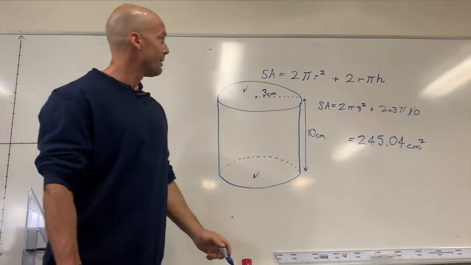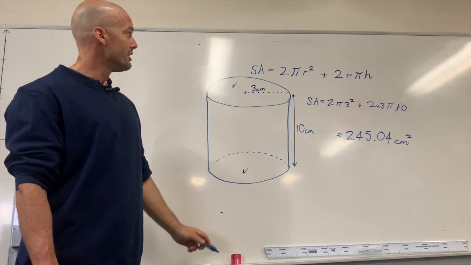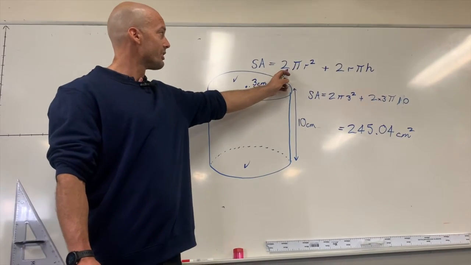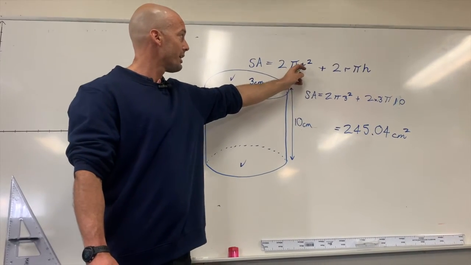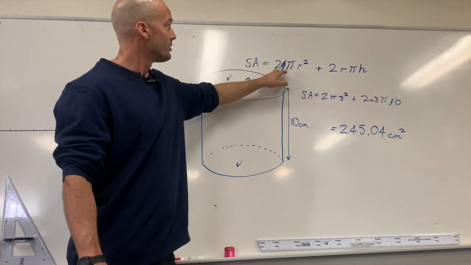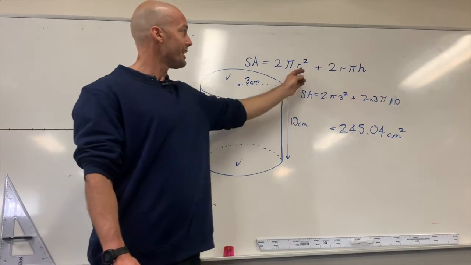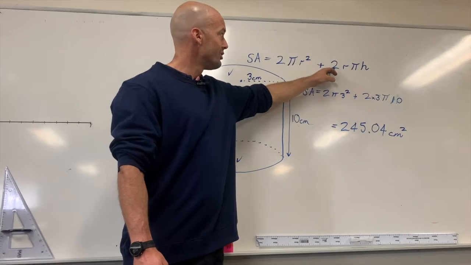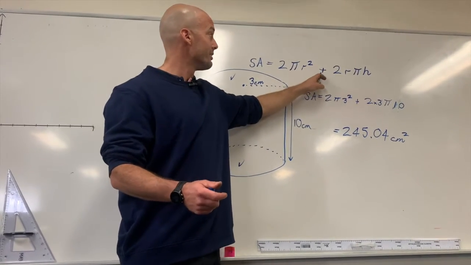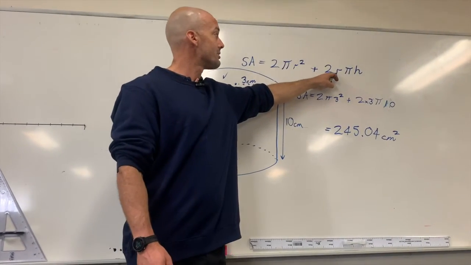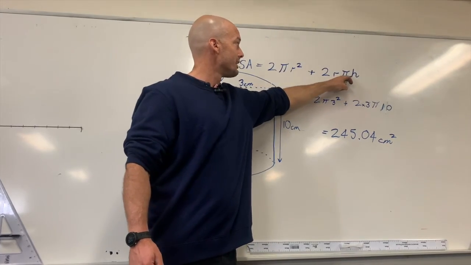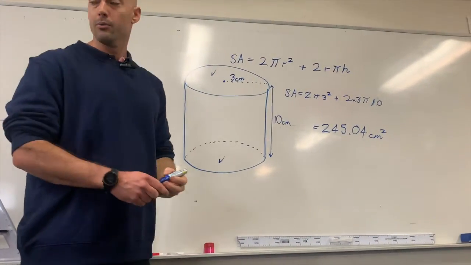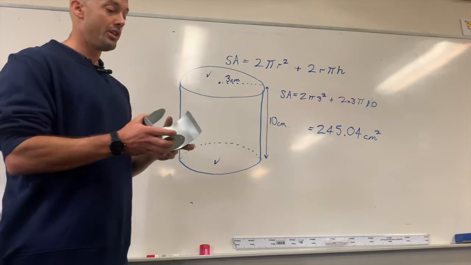So key points to remember: there are 2 circles, so that's why it's 2 times pi r squared. One circle, two circles. And then plus 2 times radius, do not square it. So this has to be a plus. This is not squared, and pi times height. So that will give you the surface area, all right?